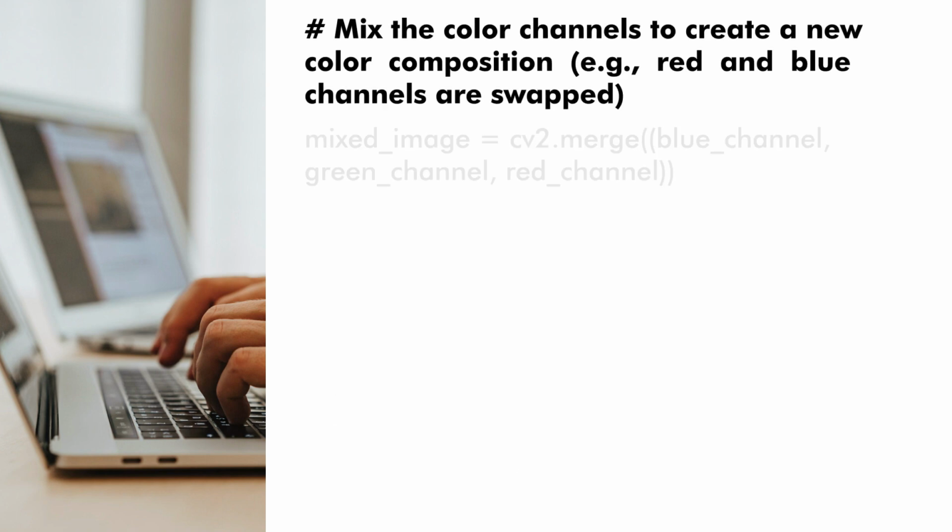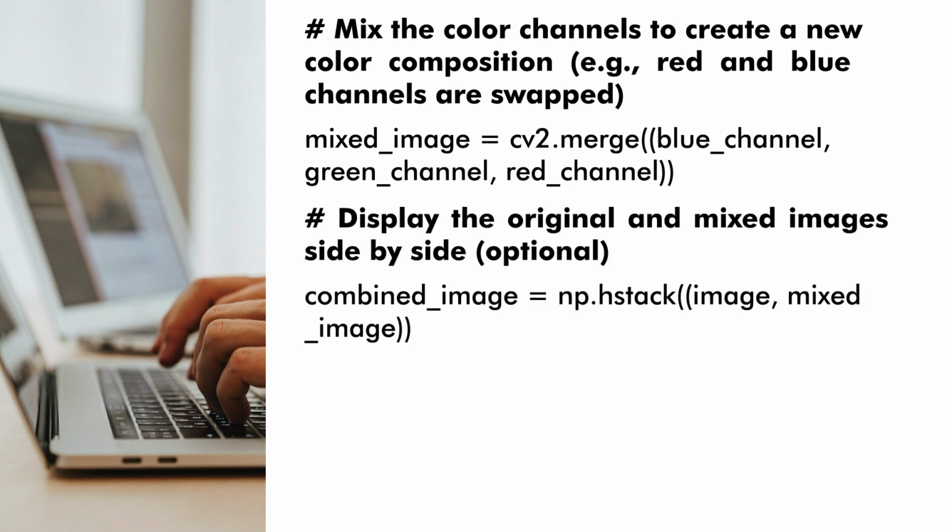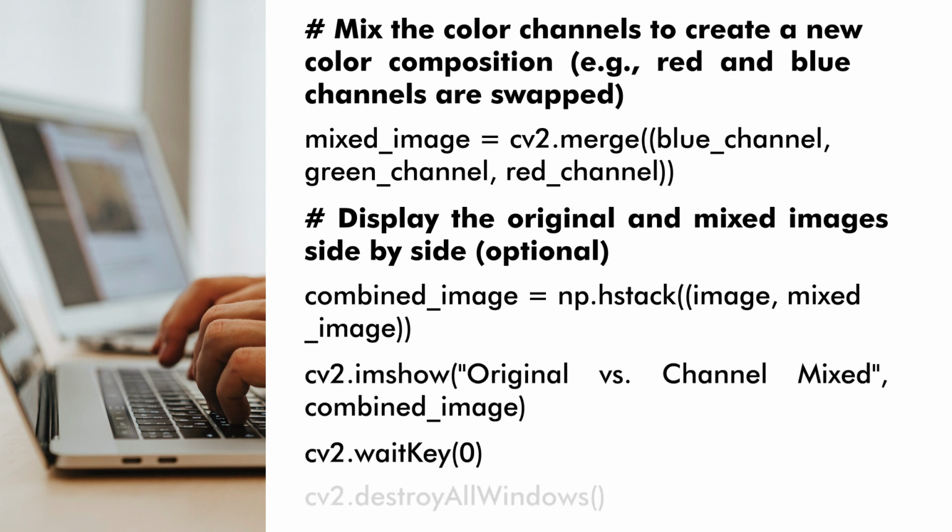We have to mix the color channels to create a new color composition, meaning the red and blue channels are swapped. Then display the original and mixed images side by side. It is optional.